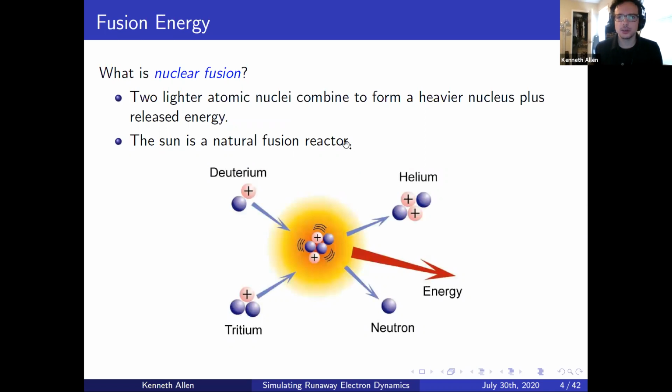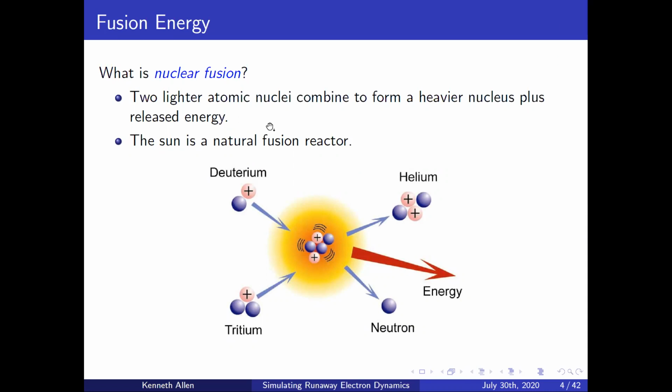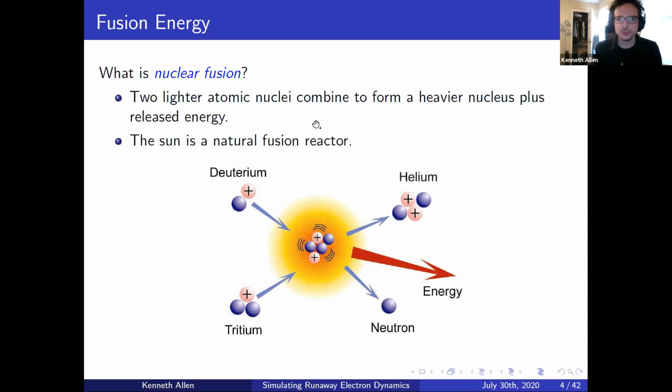So first, what is nuclear fusion? Nuclear fusion is when two lighter atomic nuclei combine together and release energy, forming a heavier nucleus. For example, the sun is a natural nuclear fusion reactor.